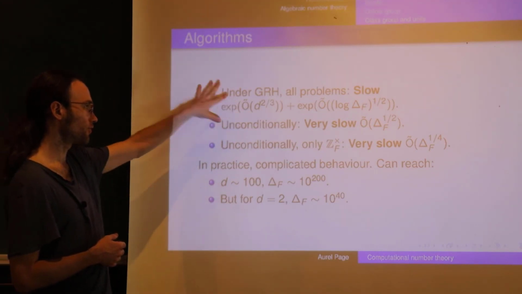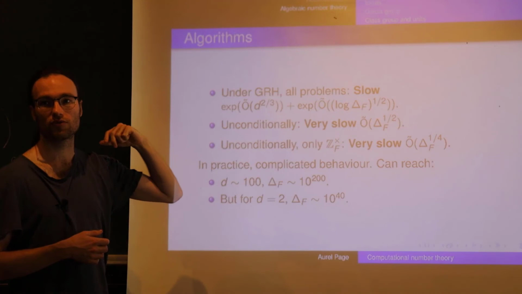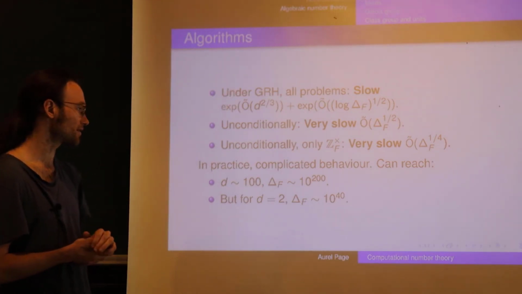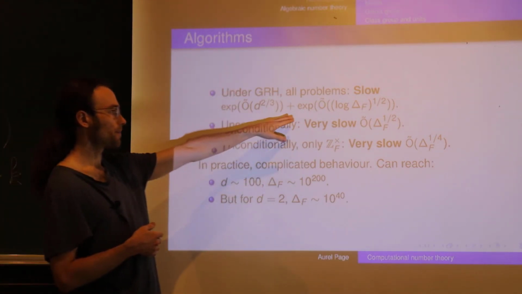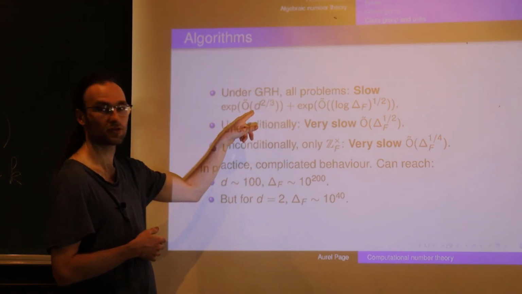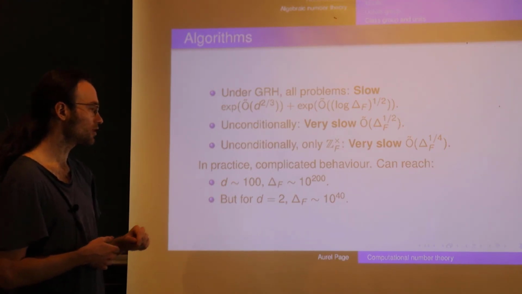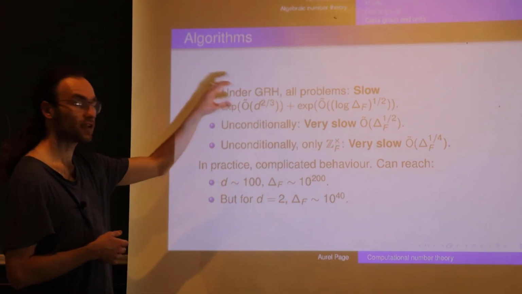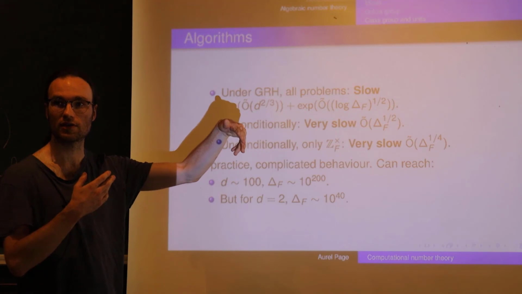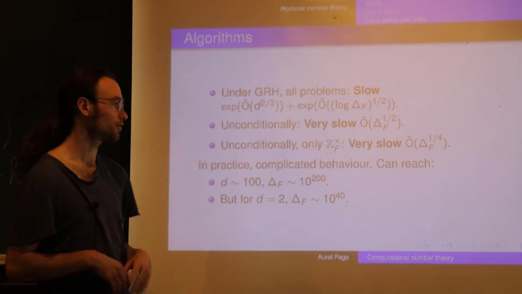Okay, so that's for the theory. In practice, the behavior of this algorithm is actually quite difficult to understand. In particular, we don't really see the fact that it's harder in terms of the degree than the discriminant. In practice, it actually looks like for fixed discriminant, if you increase the degree, it becomes easier, which we absolutely don't know how to explain.